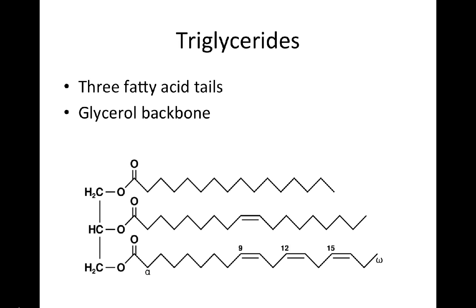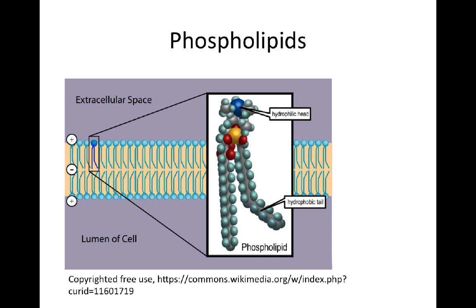Now, if you were to take one of these fatty acids and replace it with a group known as a phosphate group, you would end up with a phospholipid. So a phospholipid is basically a modified triglyceride that has a hydrophilic head and hydrophobic tails.